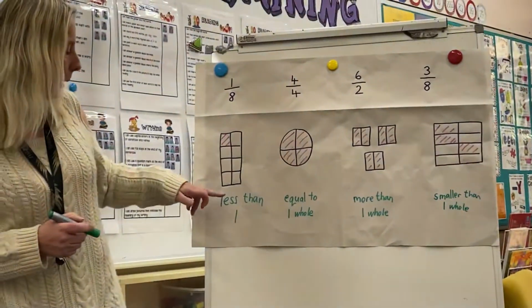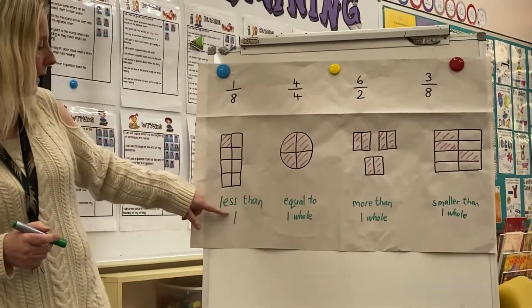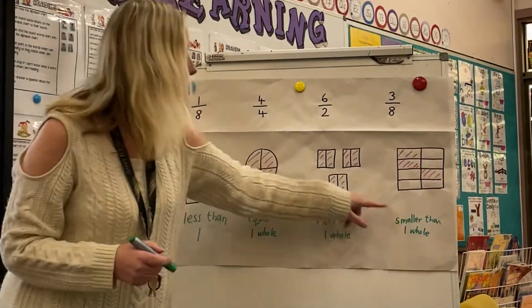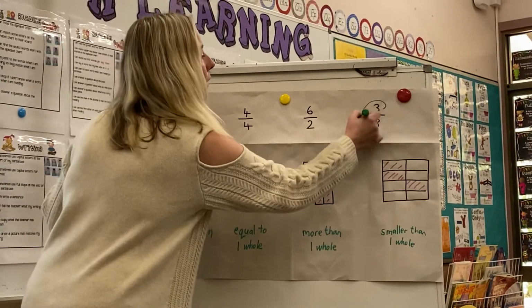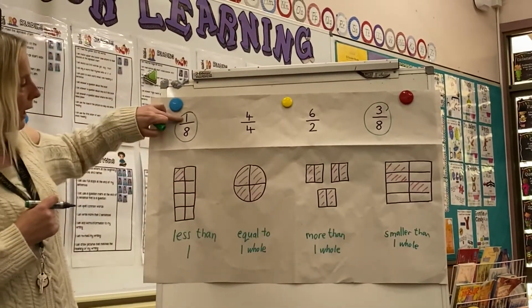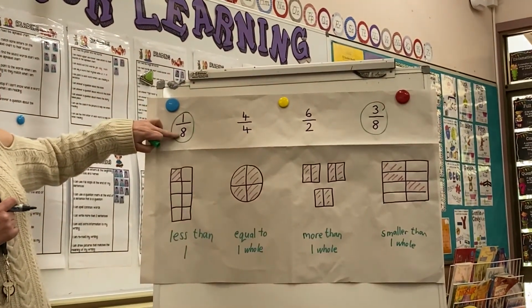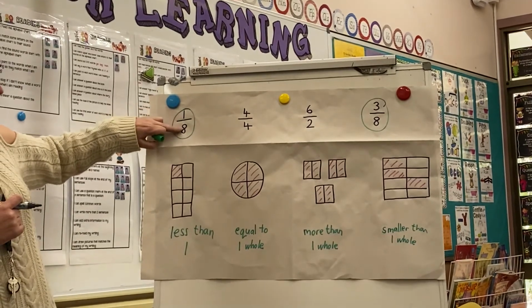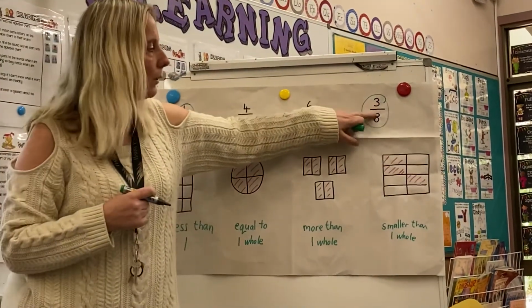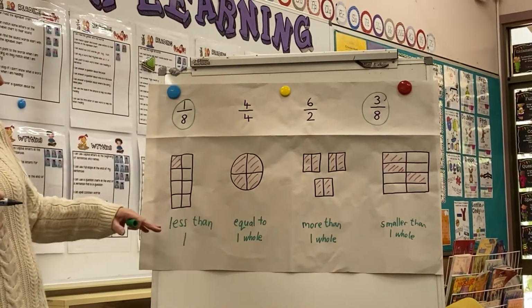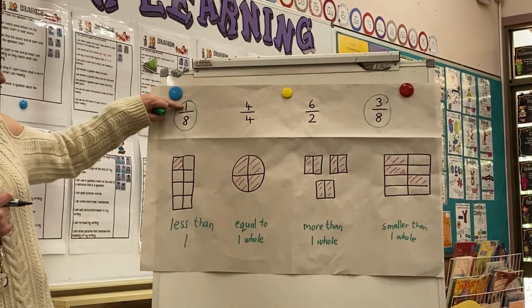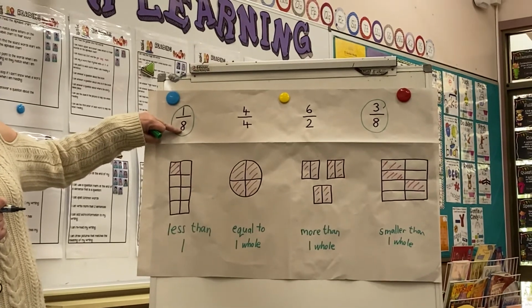Okay, so if we look back at the fractions that are less than 1 whole, these 2 fractions are both less than 1 whole. The numerator is smaller than the denominator, 1 out of 8 and 3 out of 8. So when the fraction is less than 1 whole, the numerator is smaller than the denominator.